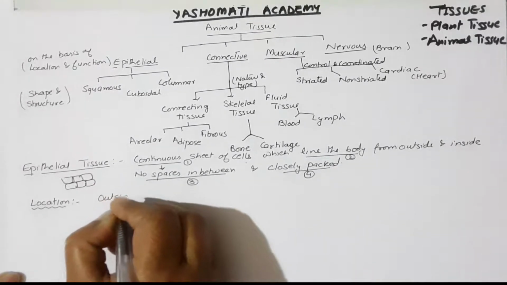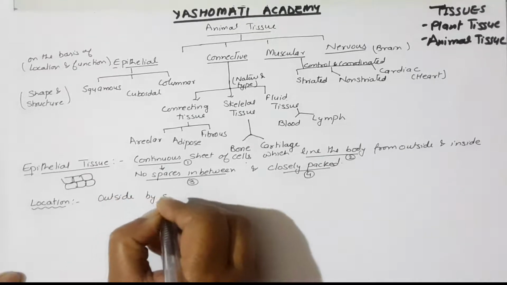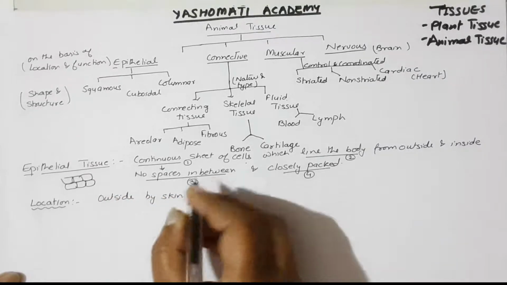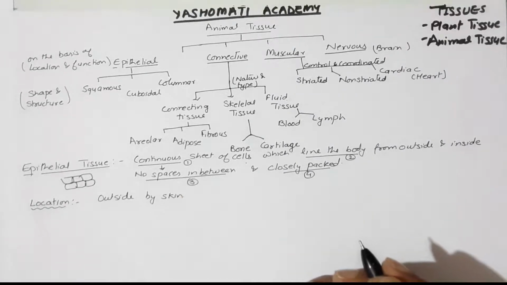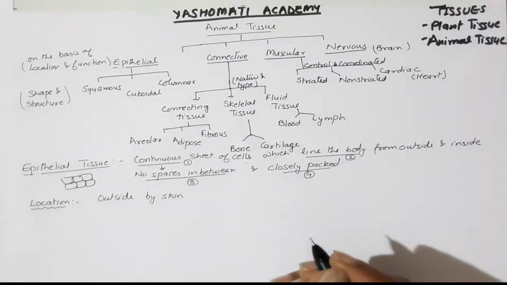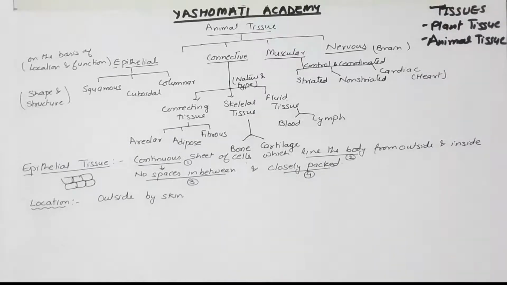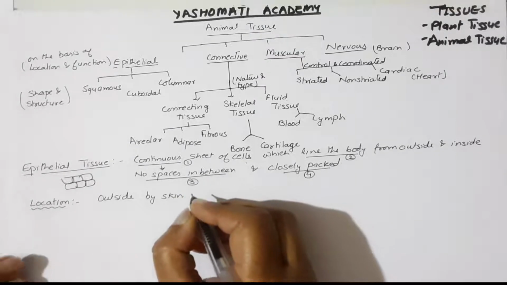Outside is covered by skin. And there are certain organs which are hollow from inside, like our stomach, intestine and rectum. All these digestive organs are hollow from inside, so these organs are lined from inside also with the help of these tissues.